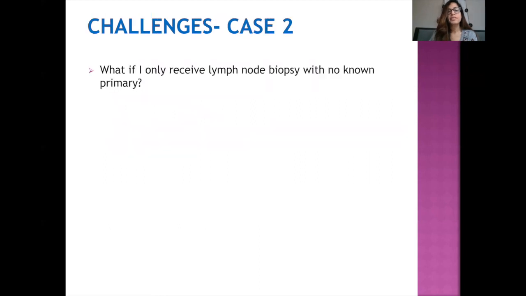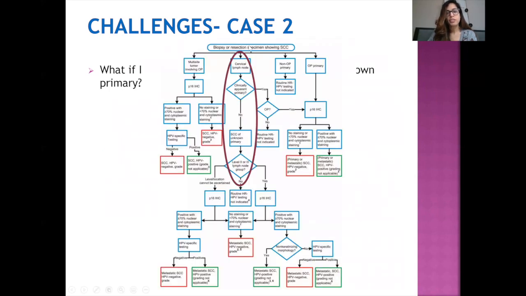So some of the challenges that come in this specific context we'll deal with right now. What if I only receive a lymph node biopsy with no known primary? This goes into the algorithmic part of the table. If you've got a cervical lymph node and there's no clinically apparent primary, it is a squamous cell carcinoma of unknown primary.